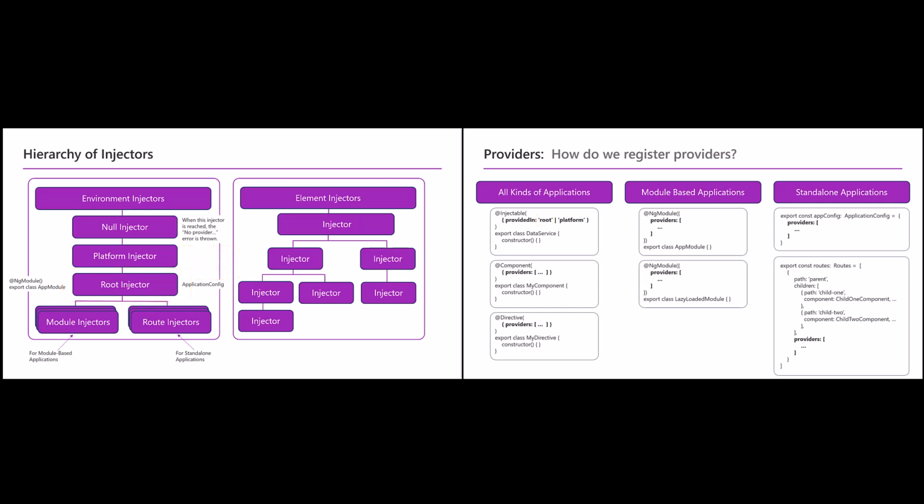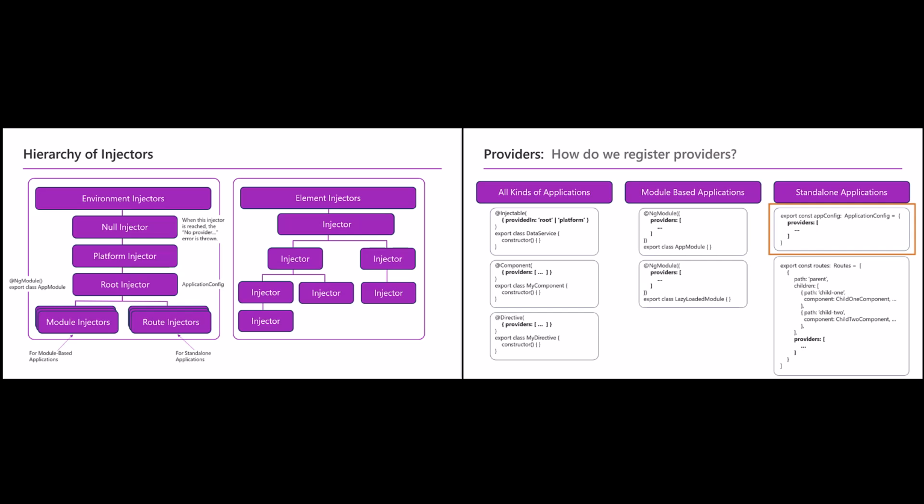And this is the same procedure if a service is registered using the provided in platform property. Then the platform injector will create an instance of the service. And thus far, we've only seen registration at the root level of our demo application. We've seen that with the provided in root, and we've also seen it in the application config providers array.